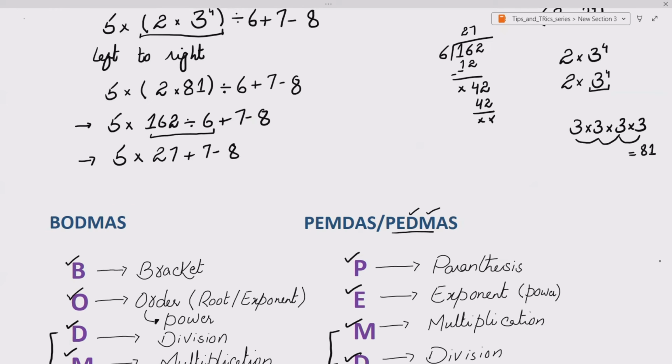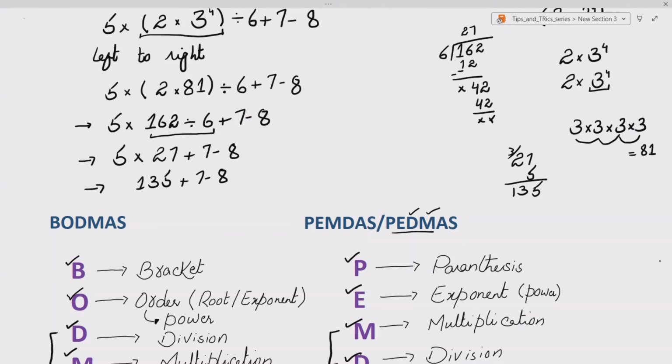Now we have three operations remaining: multiply, plus and minus. We do multiplication first because of the BODMAS or PEMDAS rule. 5 into 27: 5 times 7 is 35, 5 times 2 is 10, plus 3 is 135. So it gives 135 plus 7 minus 8.